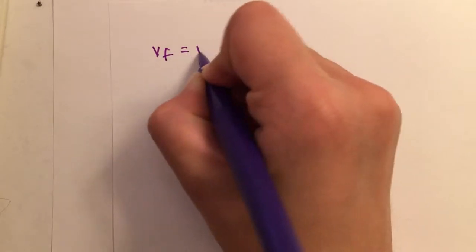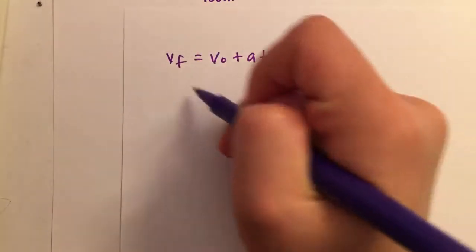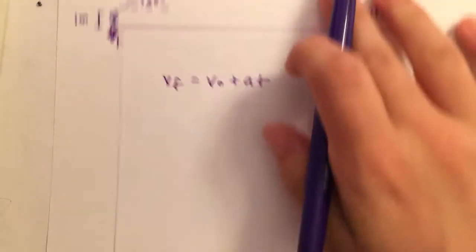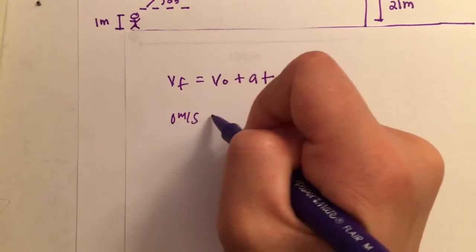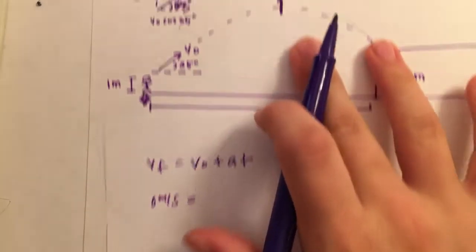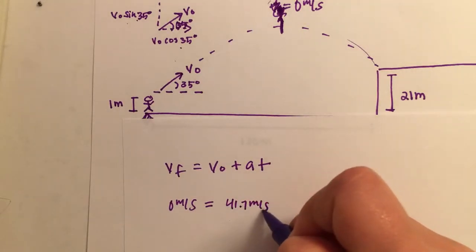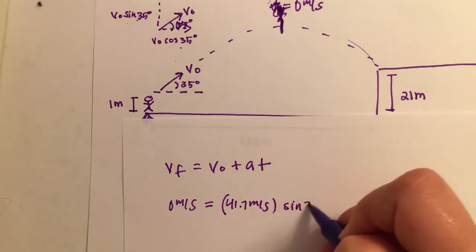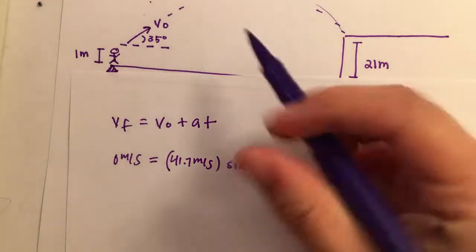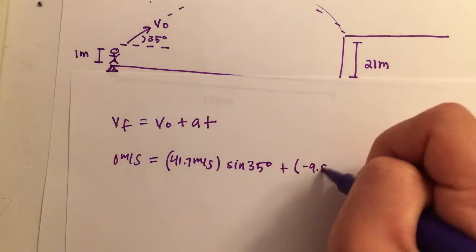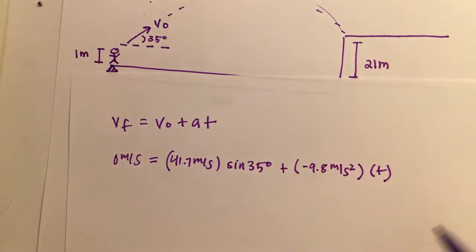Velocity final is equal to velocity initial plus acceleration times time. Now, the velocity final at the top of this parabola will be 0 meters per second. It's equal to the initial velocity here in the y direction, which is 41.7 meters per second times sine 35 degrees, plus the acceleration here is gravity, so negative 9.8 meters per second squared times time.